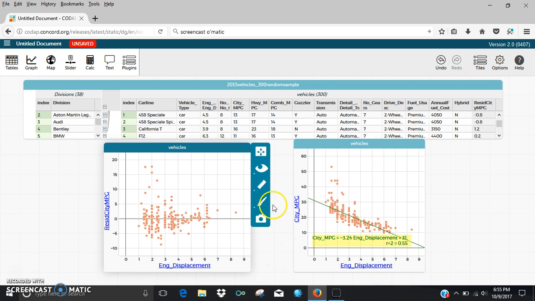When looking at this residual plot, we want to see the residuals randomly distributed above and below this 0 line. This 0 line is where our equation accurately predicted city MPG, and these residuals are very close to 0.